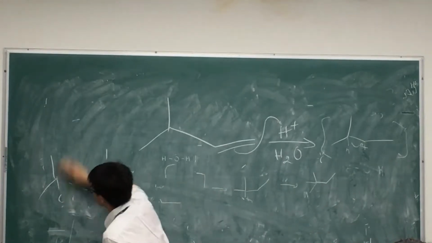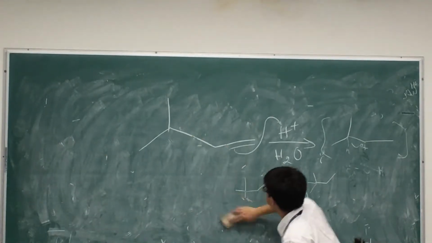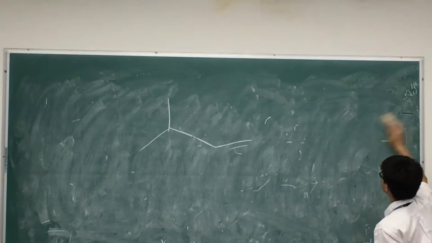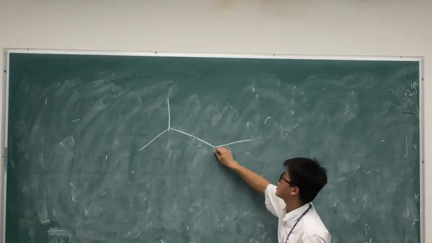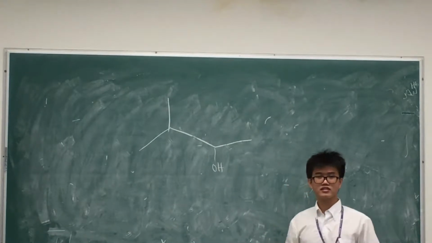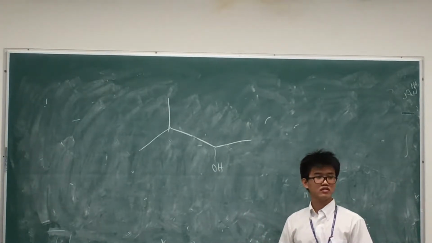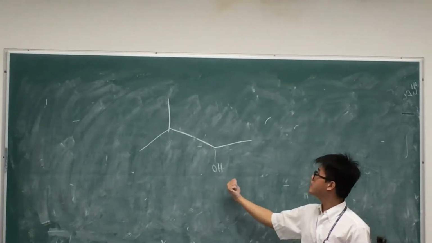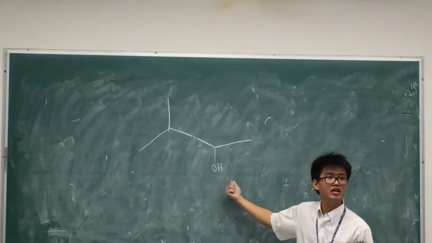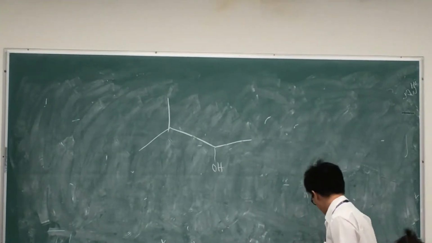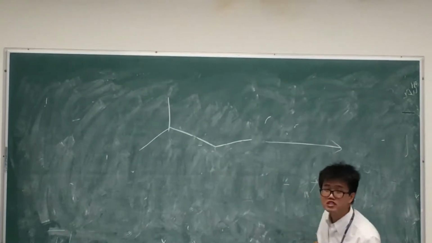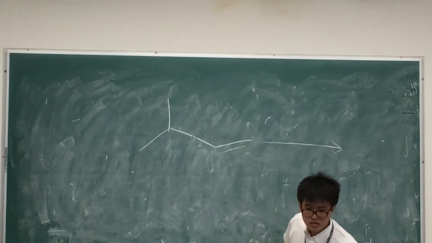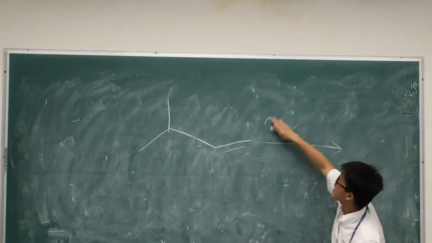Okay, now in the lab, I want to synthesize something else. And sometimes I want to avoid rearrangement. What happens if I want to just synthesize this one? It becomes an issue, right? So the first way we can do is we call this oxymercuration. Oxymercuration. So the reagent has two steps.